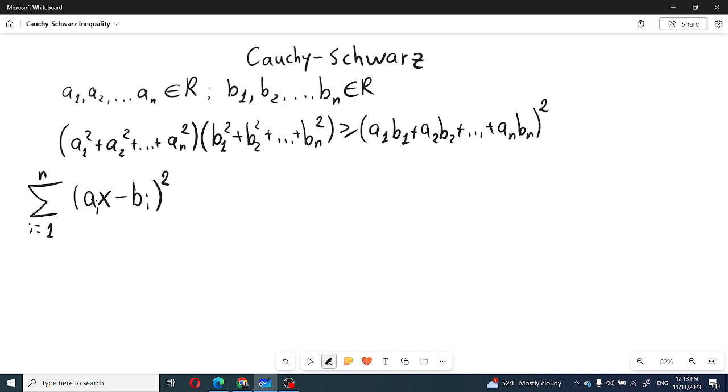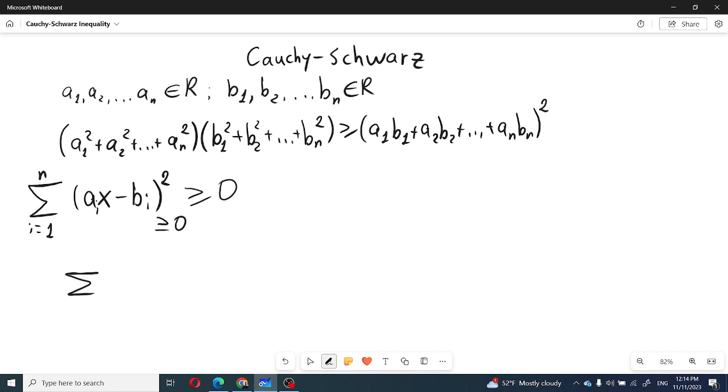At first, notice that if we consider this function, the sum of (ai x minus bi) square, clearly this number is greater than or equal to 0 for every real number x, because each term is some number squared, and each is greater than or equal to 0, so their sum will also be greater than or equal to 0. Now look at what we will get.